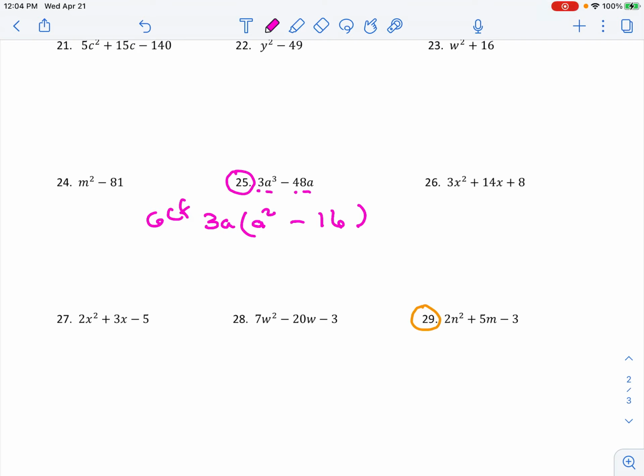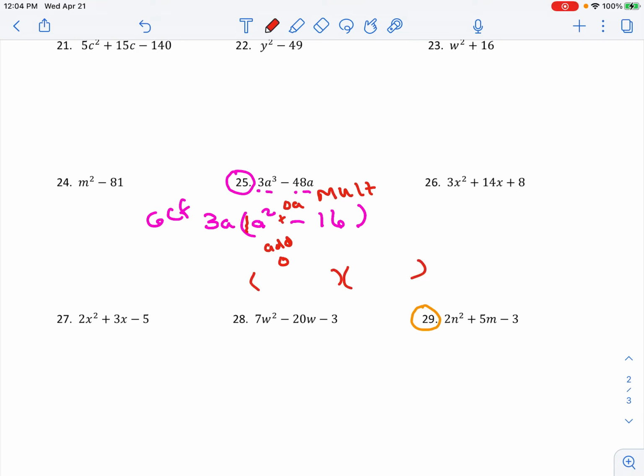Now, this is a little bit tricky because you might think, oh, well, that can't be factored. But this is one situation where, again, you notice that there's a 1 in front, and we can find two numbers that multiply to negative 16 that add up to 0, because this could be 0A in the middle.